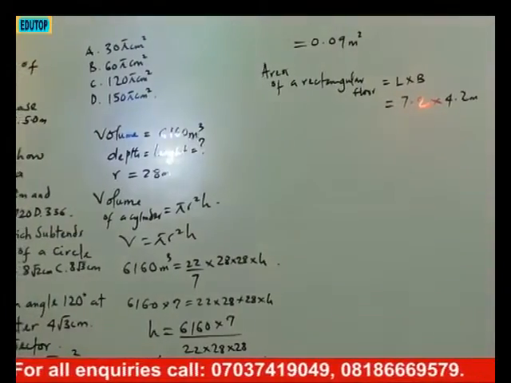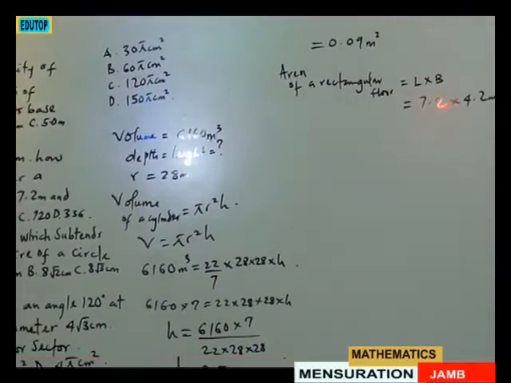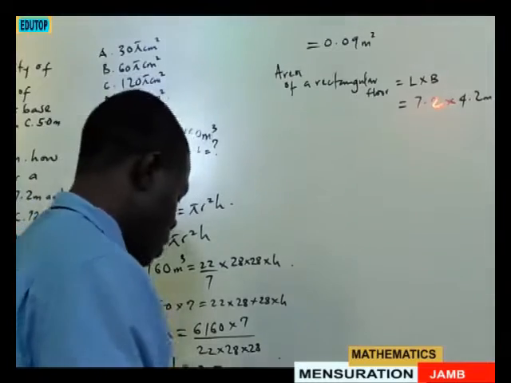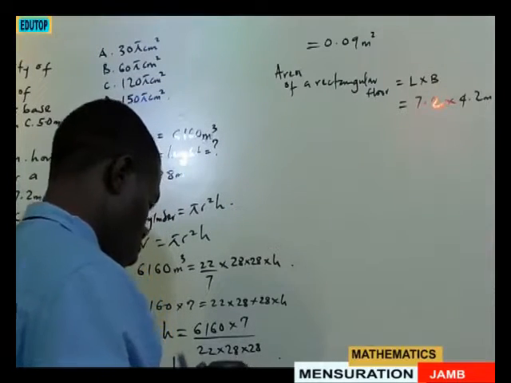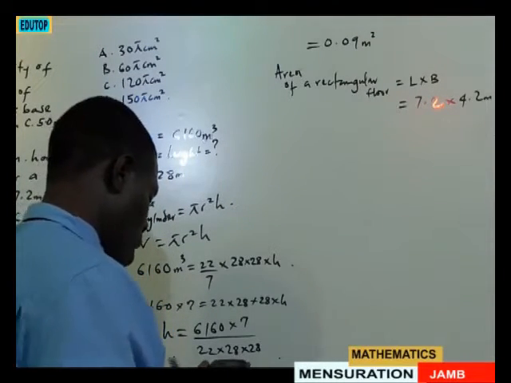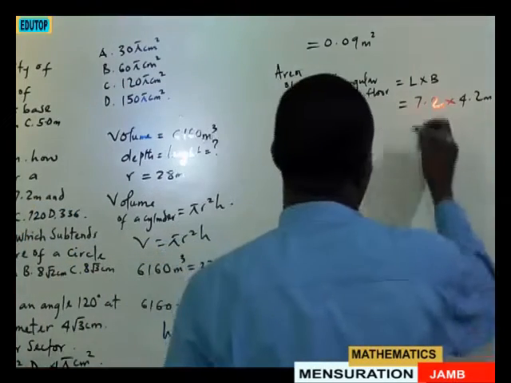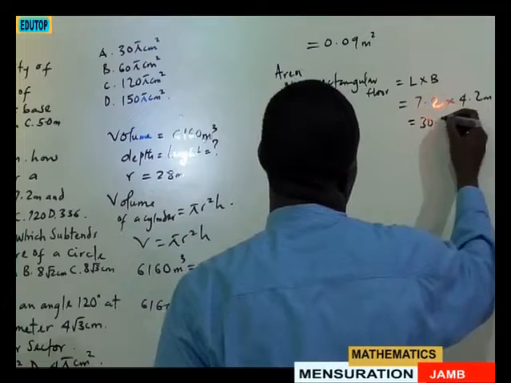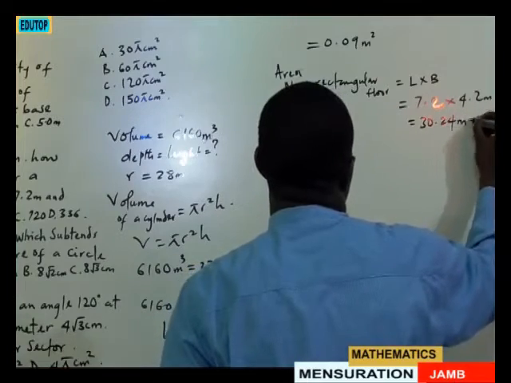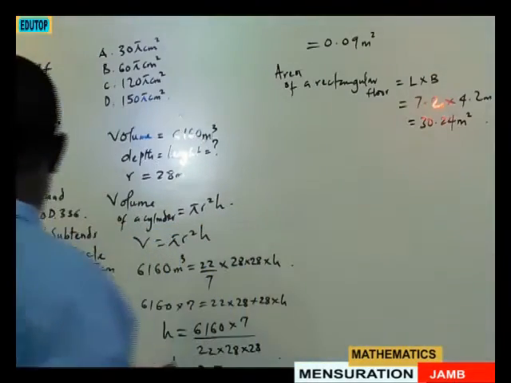So in that situation, let's use our electronic device to figure out that's 7.2 times 4.2, and that will give us 30.24 meter square.